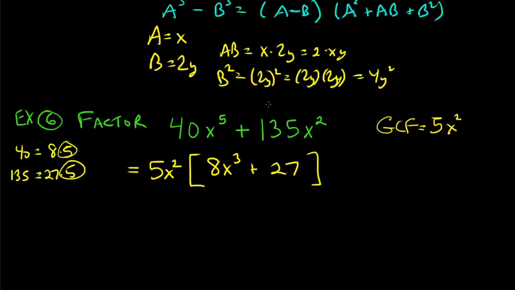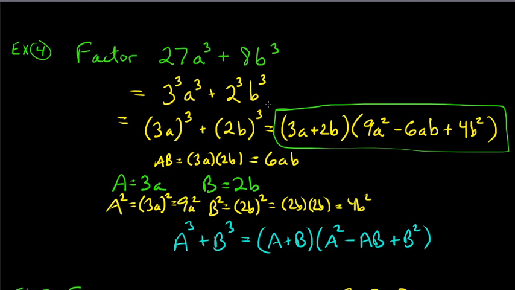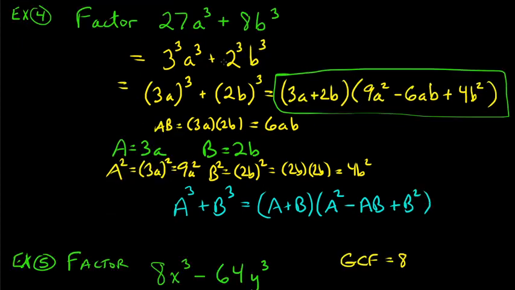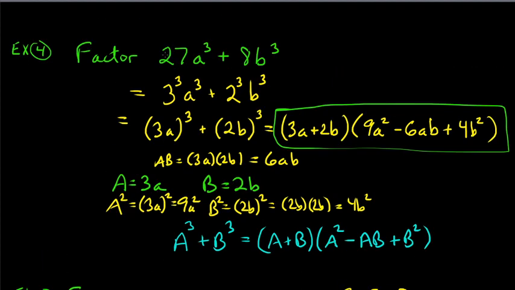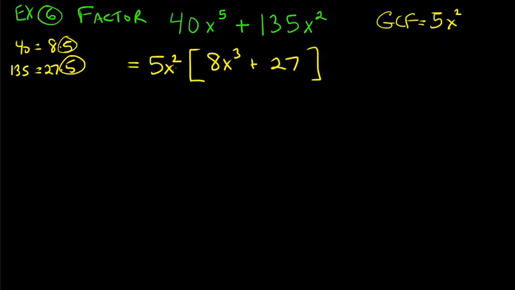But if you notice, it's very similar to the last one, this one up here, number 4. I just changed the 8 and 27 around, and it's pretty similar to that. So again, keep the 5x squared. This is going to be 2x to the power 3 plus 3 to the power 3.